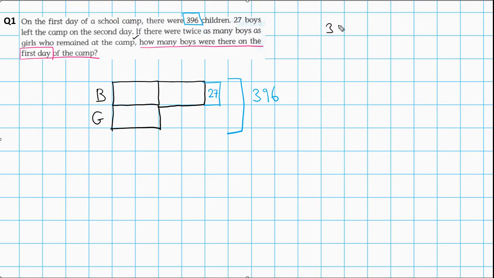So 396, and we're going to take away 27, and we're going to look at what that leaves us with, which is 369. So 369 is the value of these 3 parts, which are all equal.